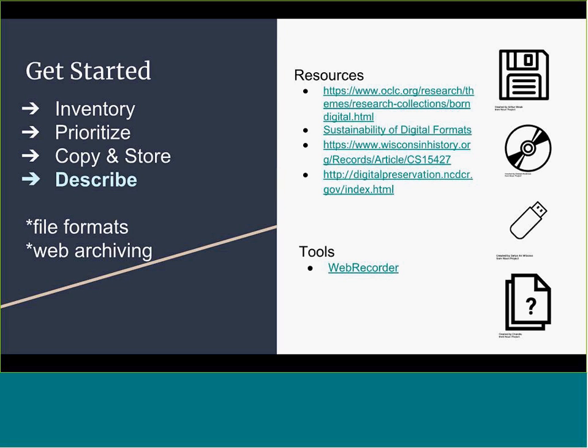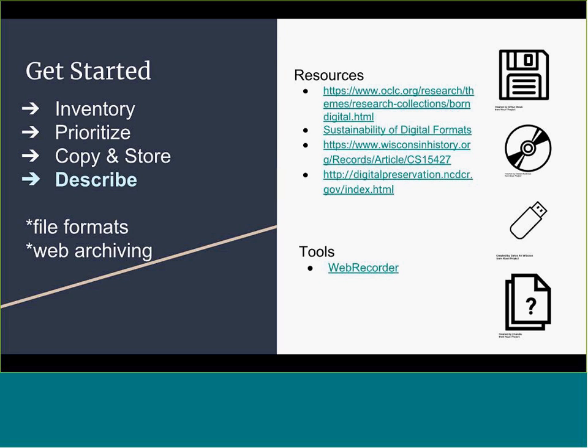So from a digital preservation perspective, it is best to select and recommend file formats that are open and not proprietary. You want them to be well documented and widely used. Like Erica was mentioning earlier about file formats, there are a lot of resources out there that can help you in this area. Like Erica mentioned, the Library of Congress Sustainability of Digital Formats is a good resource.